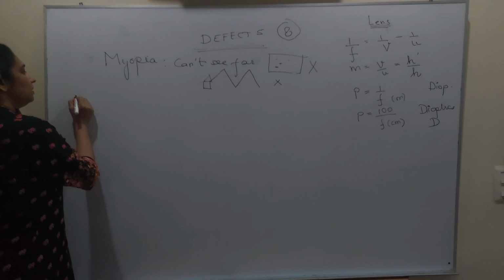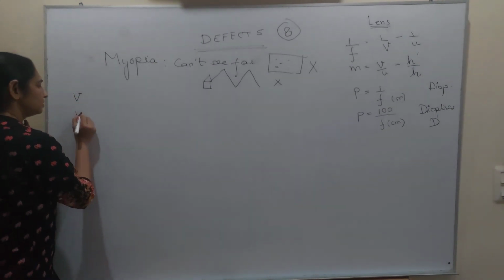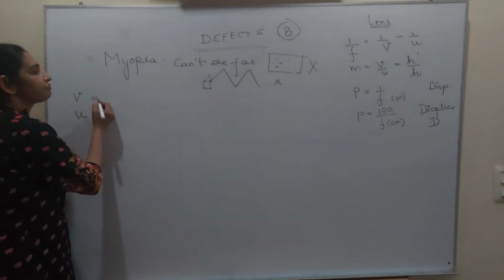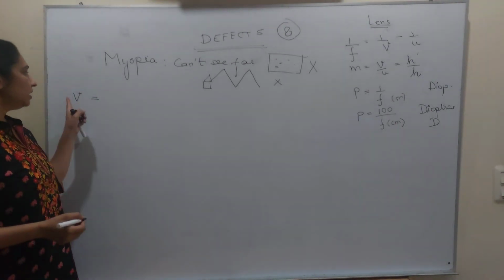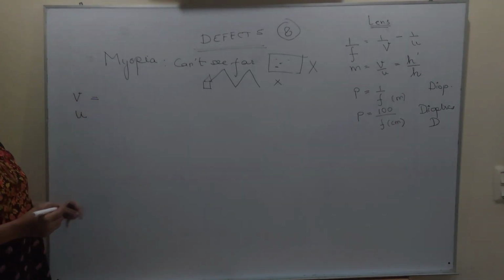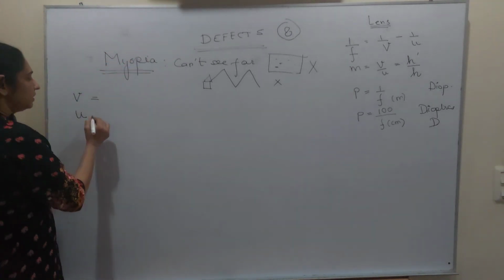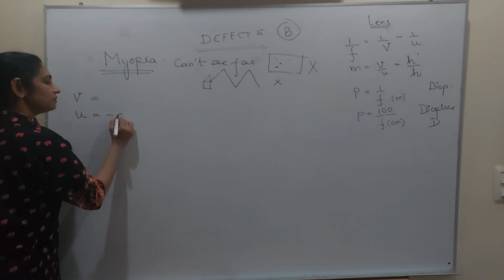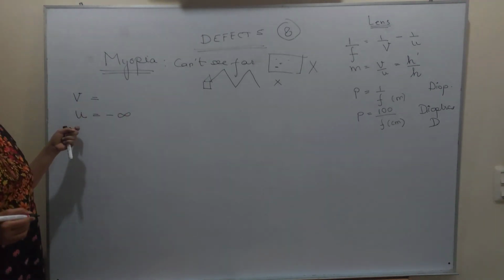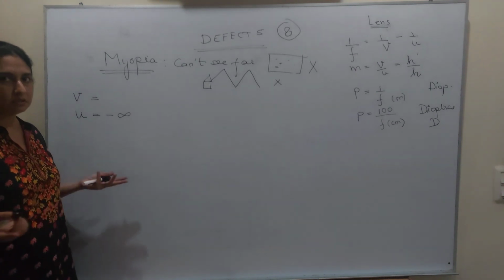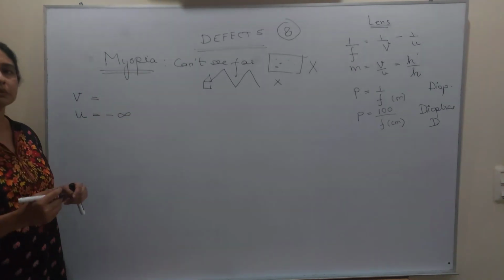In the myopia case, when you're looking far, the object is very far. So the object distance u is taken as minus infinity. Simple, clear, because the object is supposed to be very, very far.